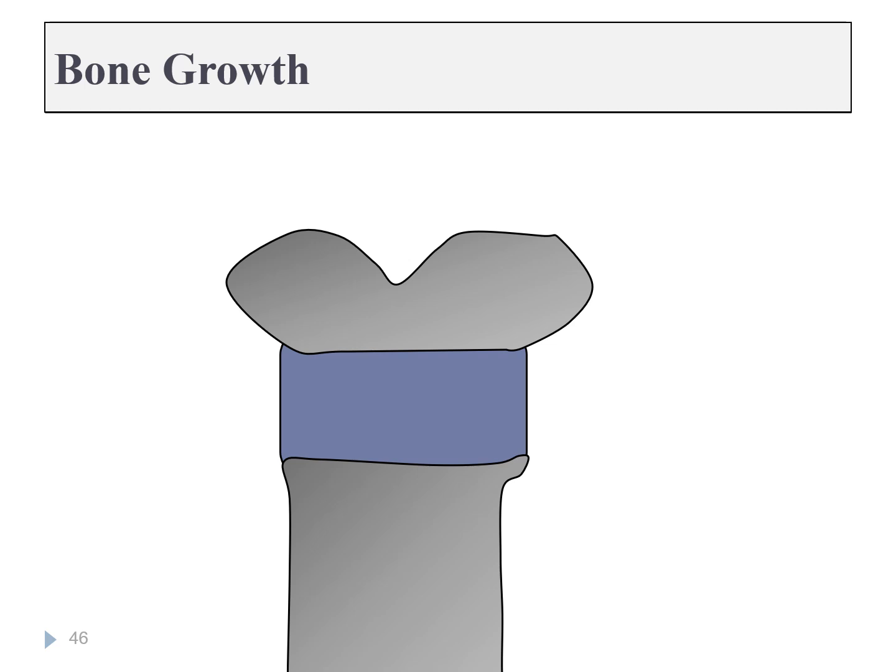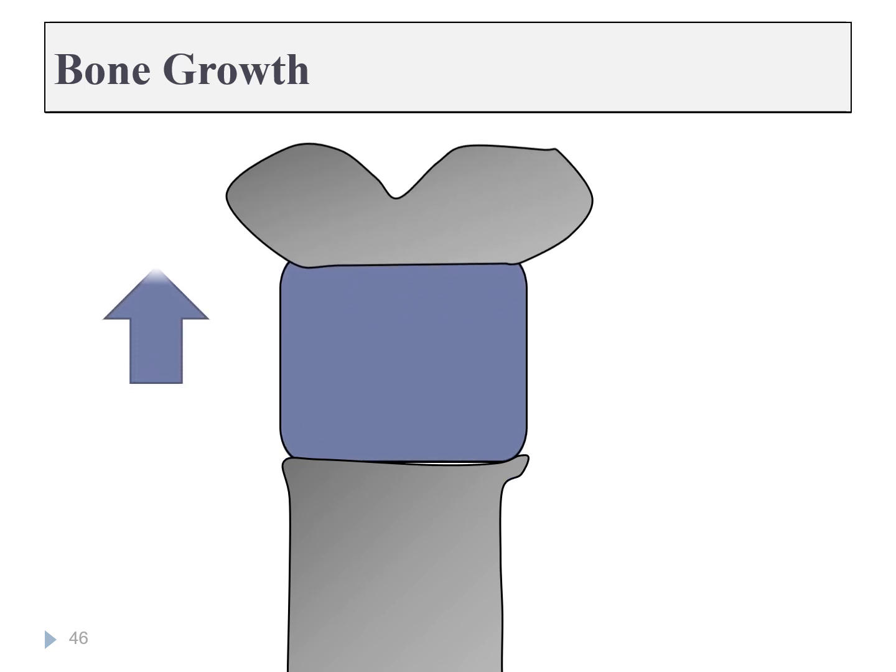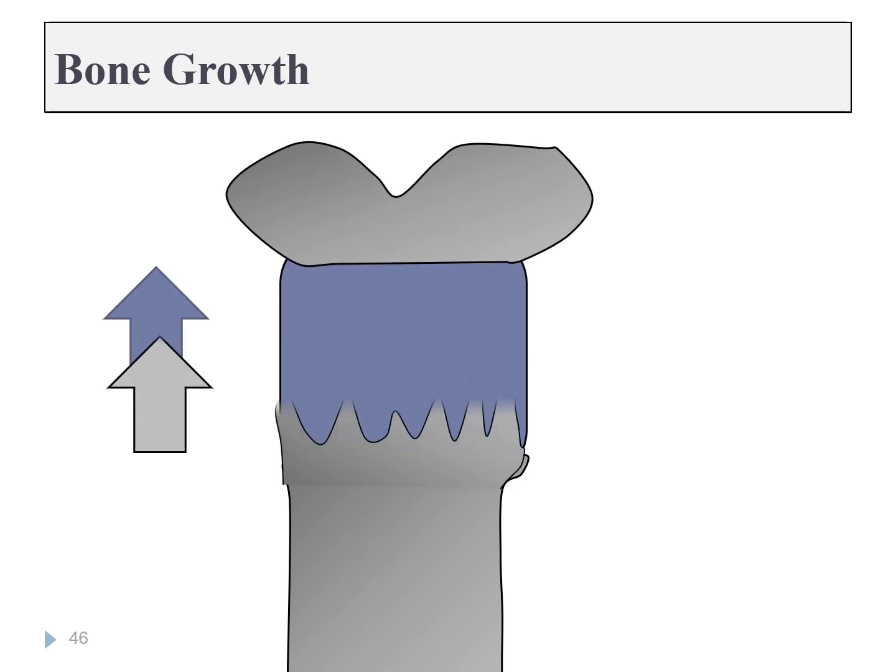So as this cartilage tissue grows and pushes the epiphysis more distal, it is replaced by bone tissue proximally by the process of endochondral ossification. The epiphyseal plate should therefore remain roughly the same diameter. However, the long bones will grow significantly longer as opposed to wider.